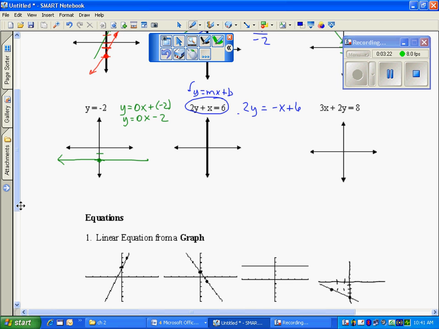To get rid of that 2 to make it a 1, I divide, and notice everything gets divided by 2, half of everything. Y equals -1x over 2, so I can see my rise and my run, plus 3. Start value 3. Slope says down 1 over 2. Notice it's a negative slope. I went +2, so I would be going downhill.